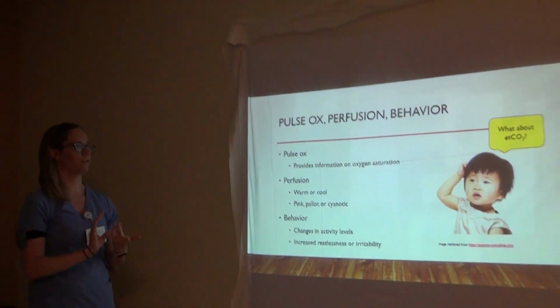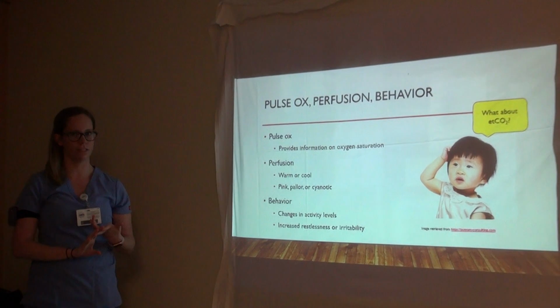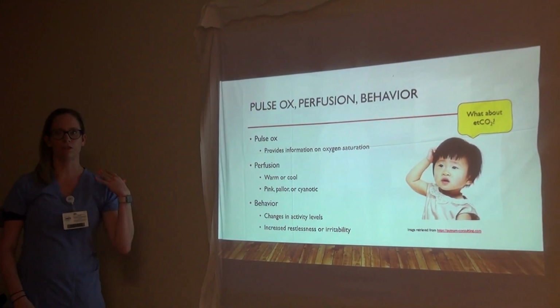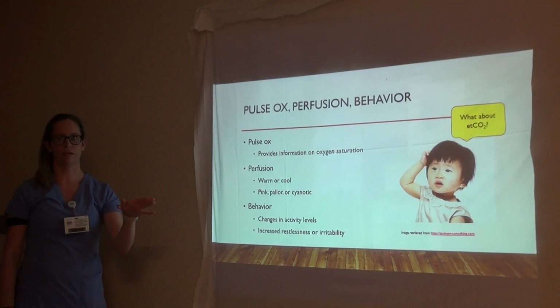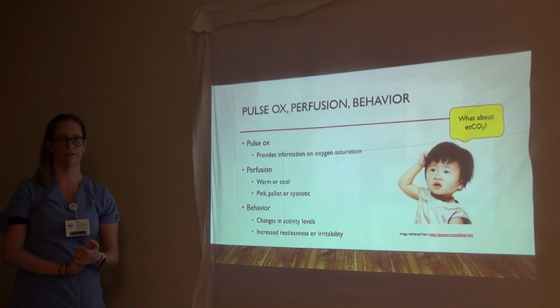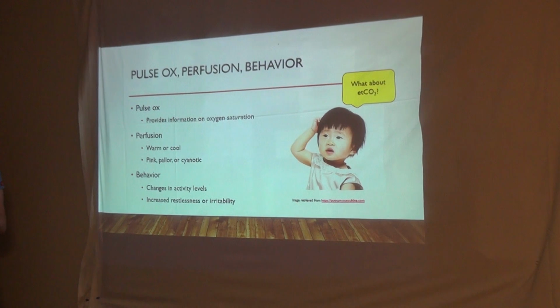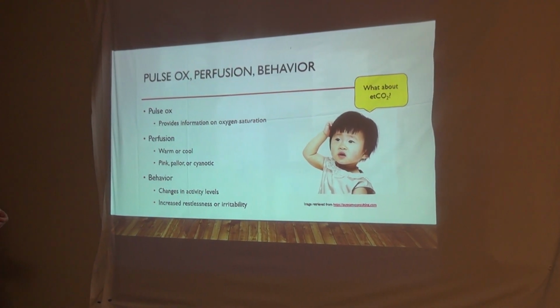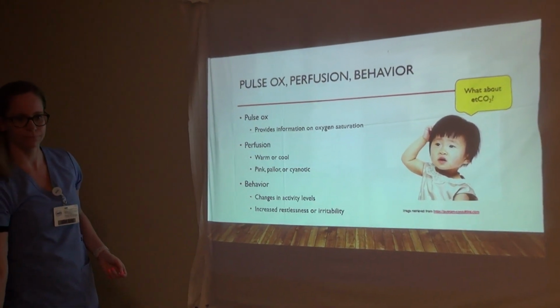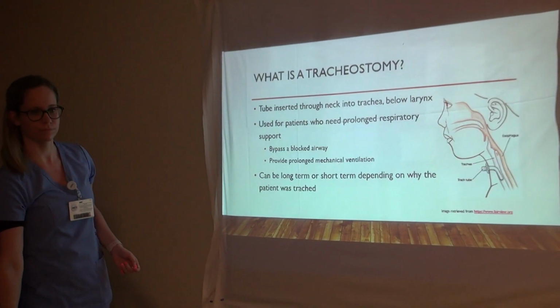So it's great to confirm if the trach or any advanced airway is placed. If it's lower, less than 35, then you're hyperventilating. Normal range is 35 to 45. Elevated is going to be hypoventilation.